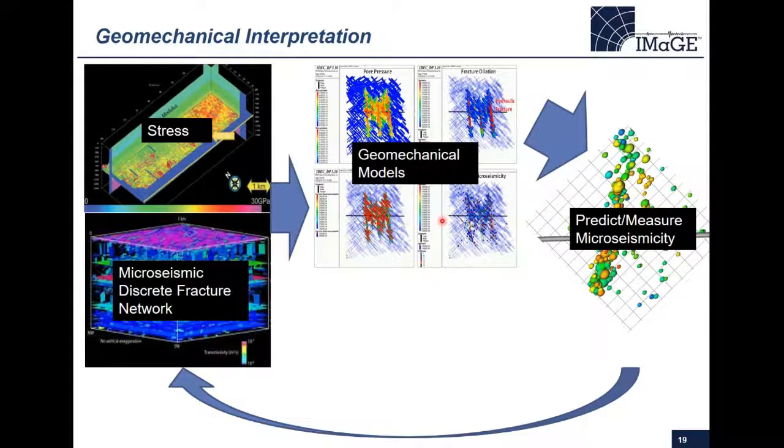So input our pressures and such from the well, and see how the network would react. See what microseismicity this would create, predict, and then compare that to the measurements, and then rerun to see how our important economic measures such as our permeability are affected by these different models, and compare that to our microseismicity. However, I don't want to go into too much detail on this, as there will be a later presentation based on that.